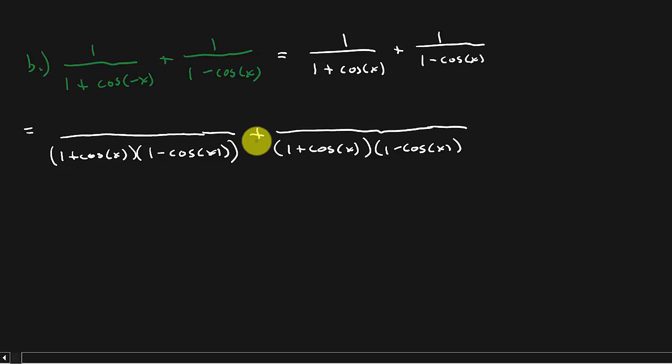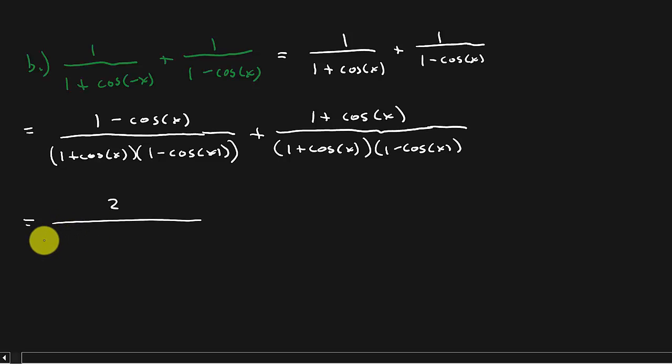What do I multiply to this denominator to get the common? 1 minus cosine x. So 1 minus cosine x, and then here that would be 1 plus cosine x. And so when I add these, I get 1 plus 1 is 2, and minus cosine plus cosine, that's 0. So that's going to be 2 over 1 plus cosine x times 1 minus cosine x.